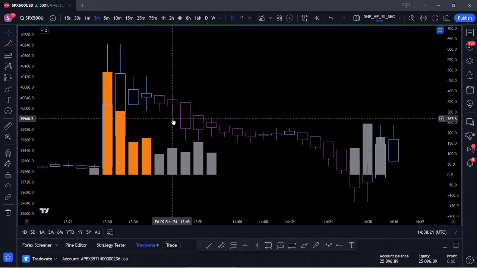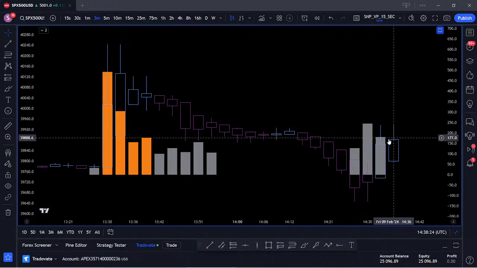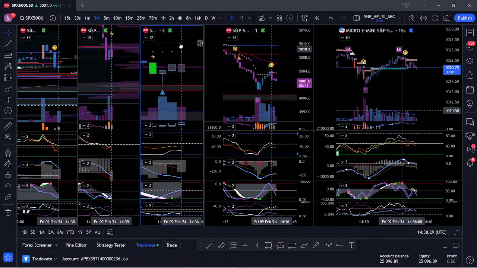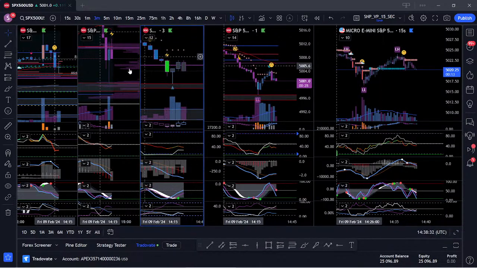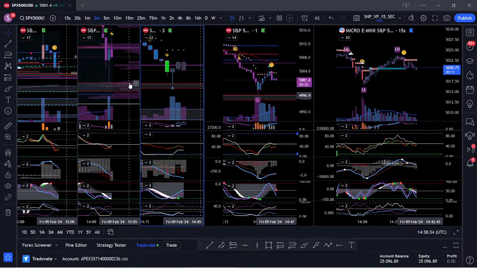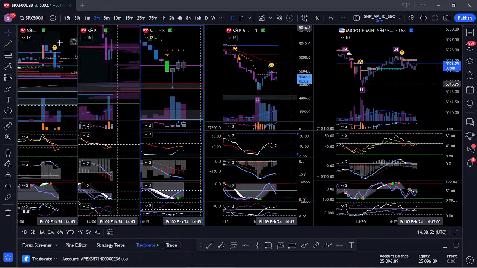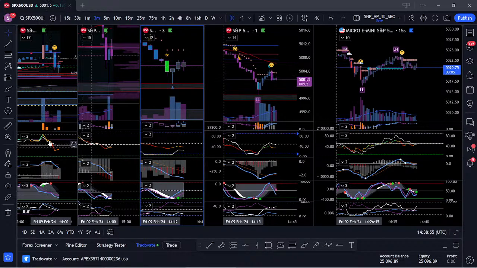We can see that the cumulative delta is positive at the moment, so we need to wait. We cannot do sells anymore. We just need to be patient. MFI on 15 is still above, still positive.